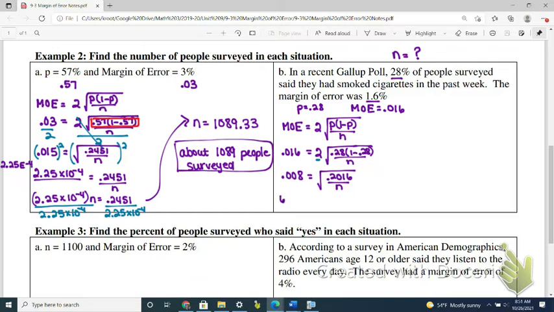So you get 6.4 times 10 to the negative 5th equals 0.2016 all over n. So I'm going to multiply both sides by n, and divide by 6.4 times 10 to the negative 5th.